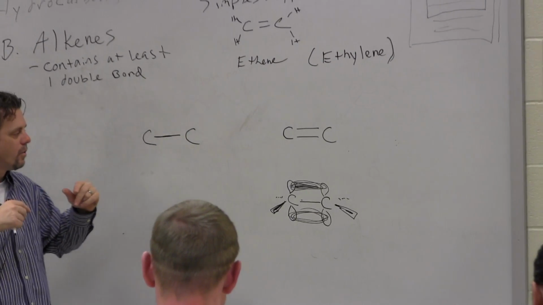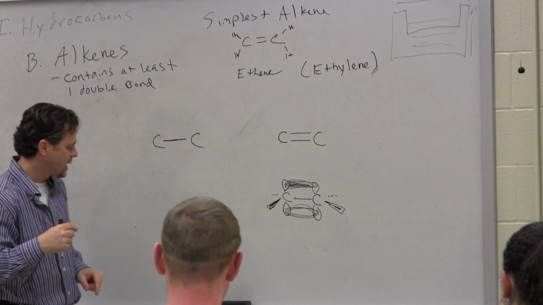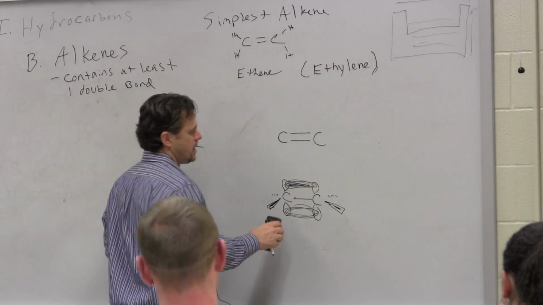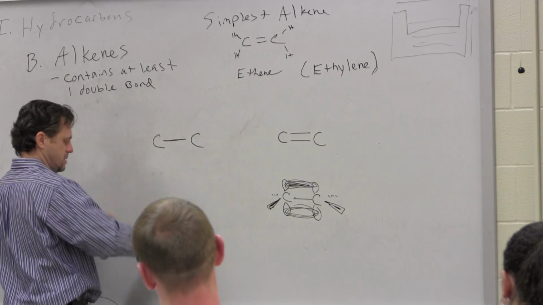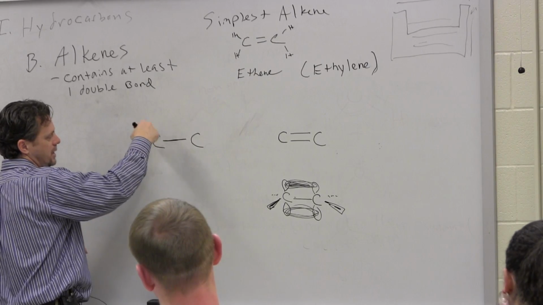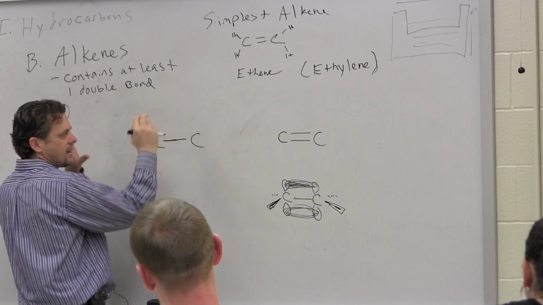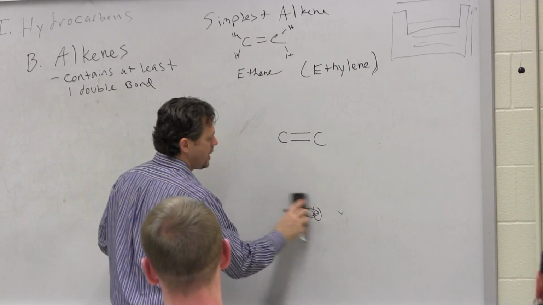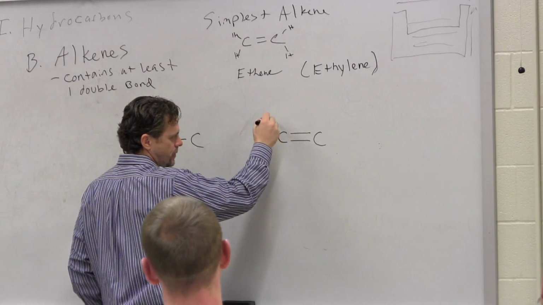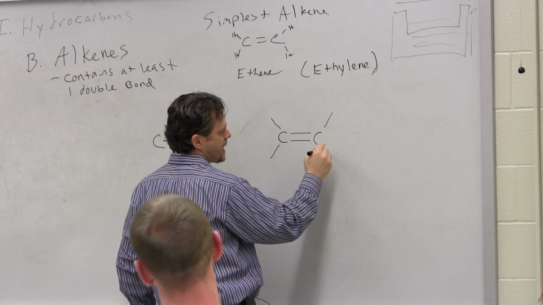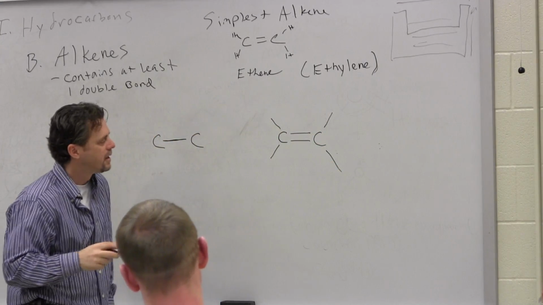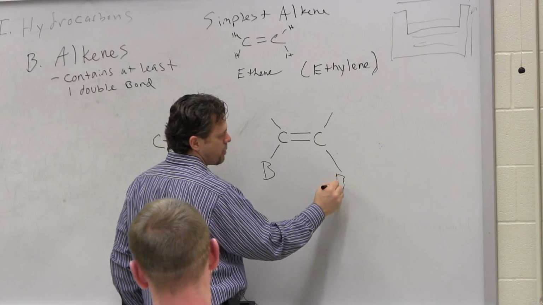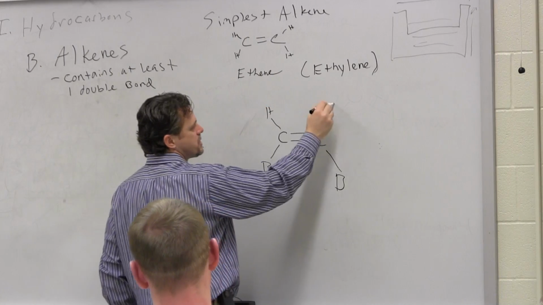So whenever you have a double bond, you have to look out for geometrical isomers that you don't have in this situation, because it doesn't matter what I put here or here, they're not locked into that configuration. Whereas here they are, if you have two things hanging off each of these carbons, say a big group here and then hydrogen and hydrogen.